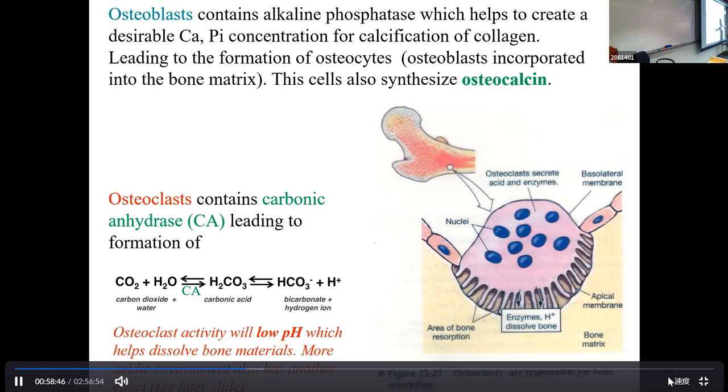Whereas osteoclasts have the enzyme carbonic anhydrase, which lowers the pH environment and therefore helps dissolve the mineral complex.